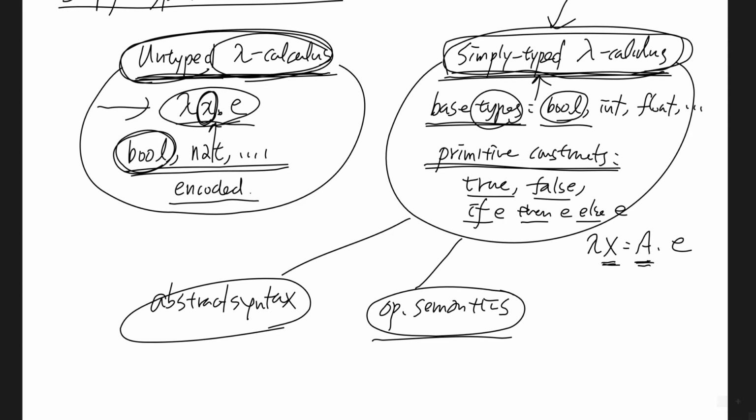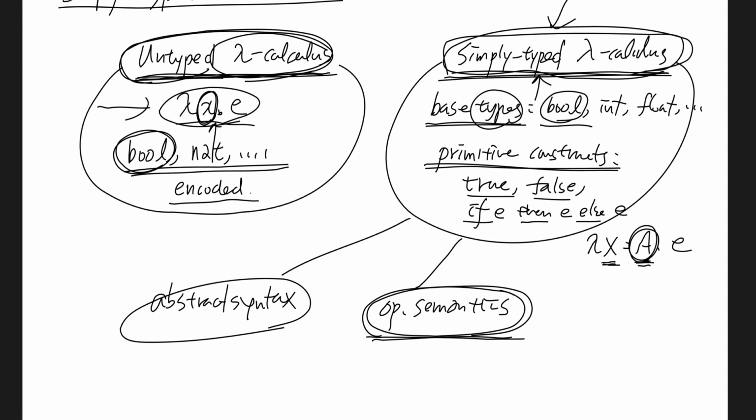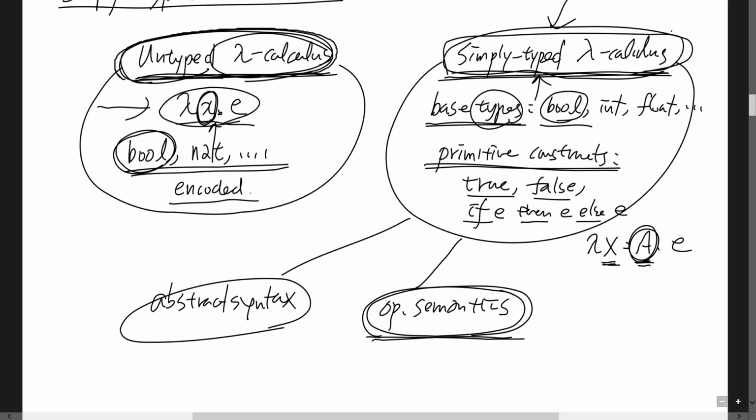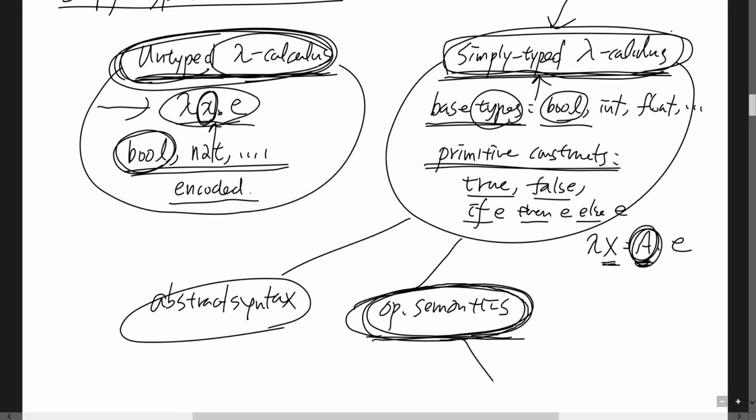So in this language, we have a new element called types, but types play no role in operational semantics. In comparison with untyped lambda calculus, the operational semantics is almost the same, and the changes are just nominal because types play no role at all in reductions. So this operational semantics is quite easy to develop.